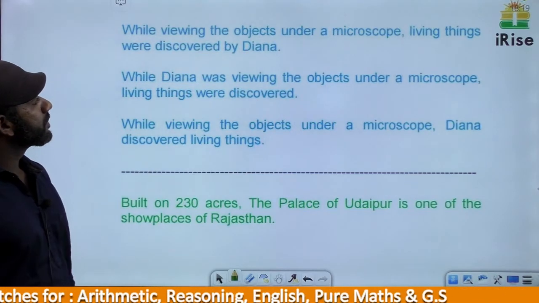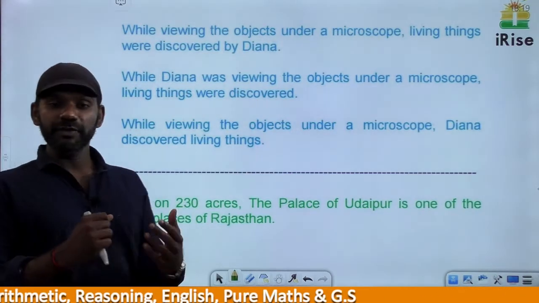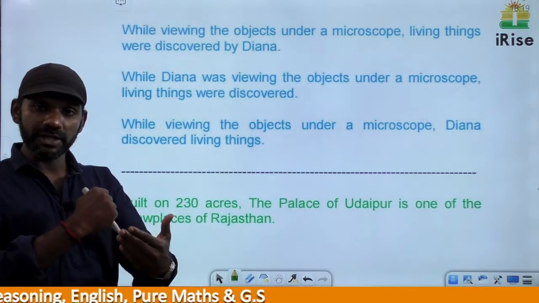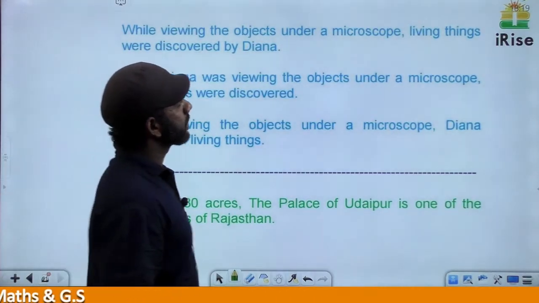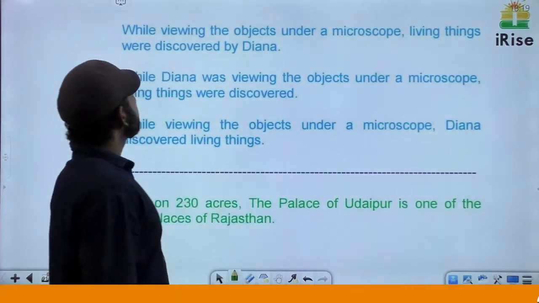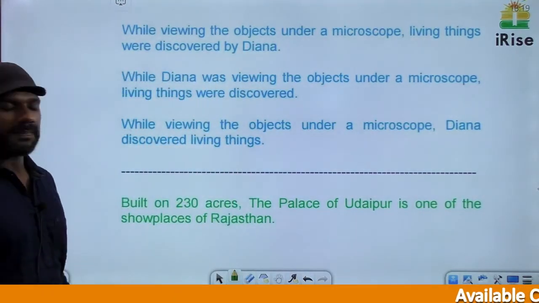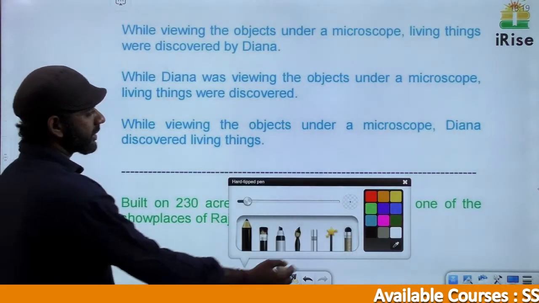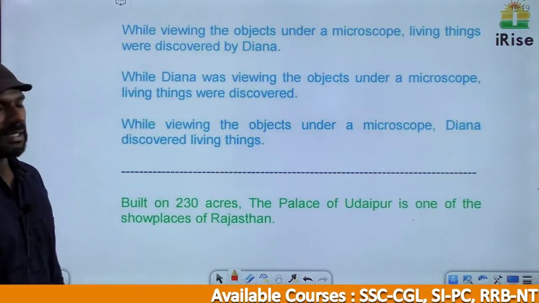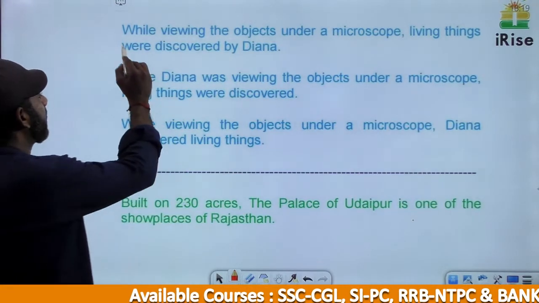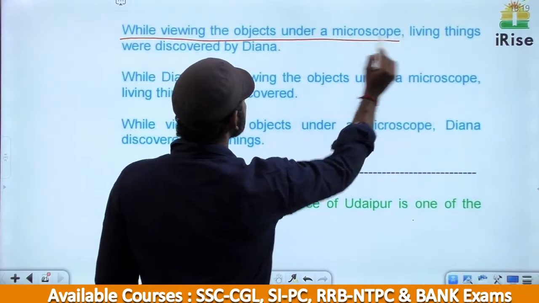While viewing the objects under a microscope, now we view objects under a microscope because the object will be under the microscope. While viewing the objects under a microscope, living things were discovered by Diana. Two questions. Is this sentence grammatically correct? Does it make sense? The modifier here is "while viewing the objects under the microscope."